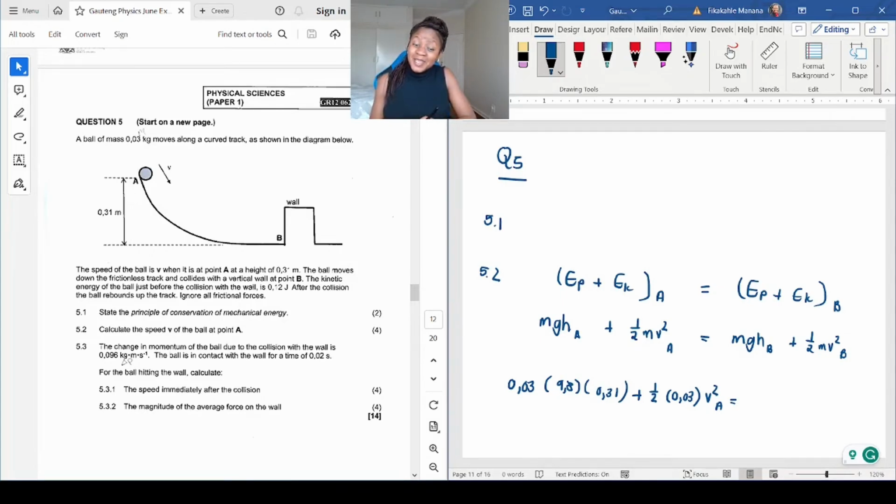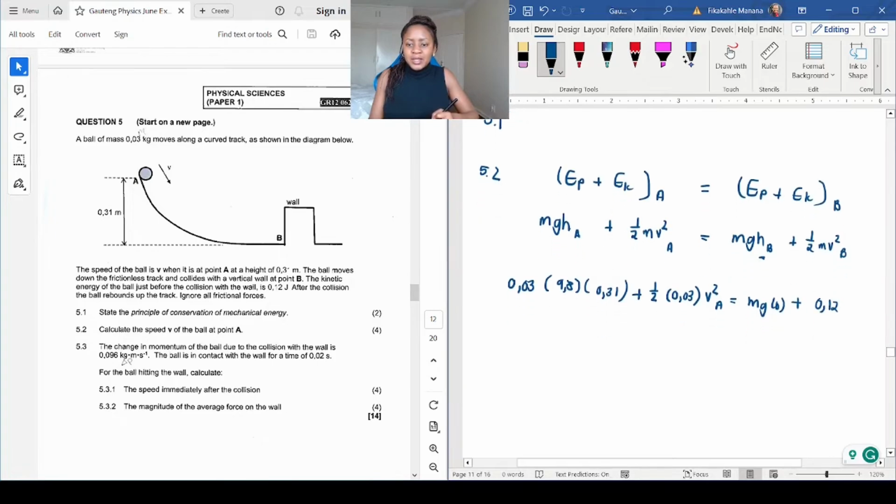Potential energy at B will be 0, because the height there is 0. So I'm just going to say mg times 0. I'm running out of space. Then the kinetic energy just before the collision with the wall is 0.12, so we don't really need to write that down, we can go straight to 0.12. Our only unknown in this case is our velocity.